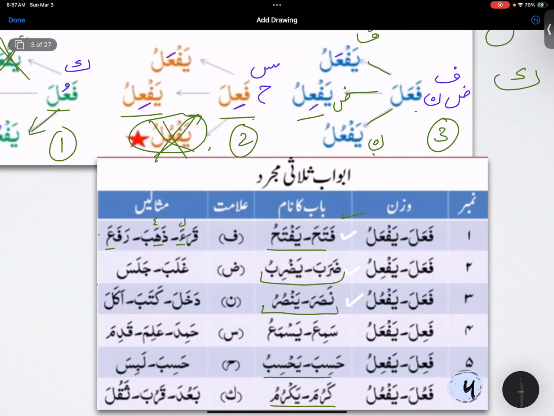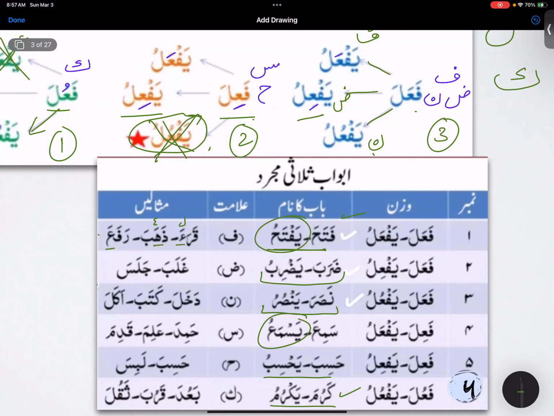Not few, I should say, because in the Quran you're going to find a lot, but mostly used are Fataha, Daraba, Nasara, Sami'a. If you know Sami'a Yasma'u, and then we have Fataha Yaftahu, so if we are confused on that, if it is on Mudari, it is Yasma'u and Yaftahu.